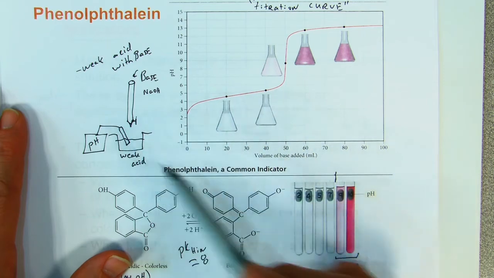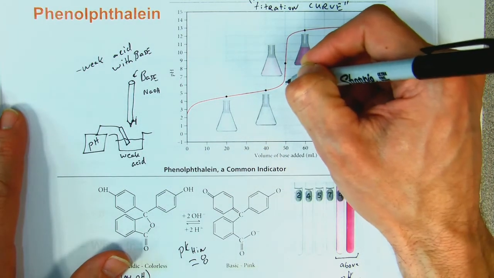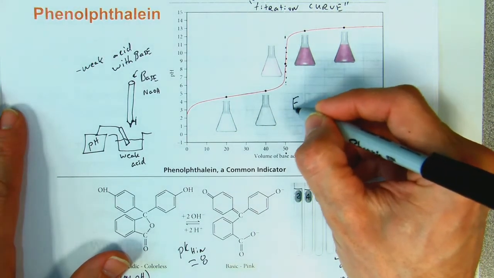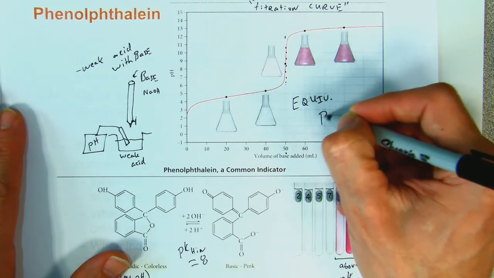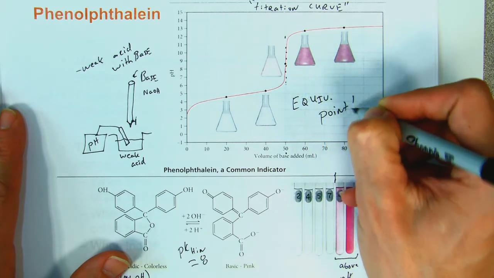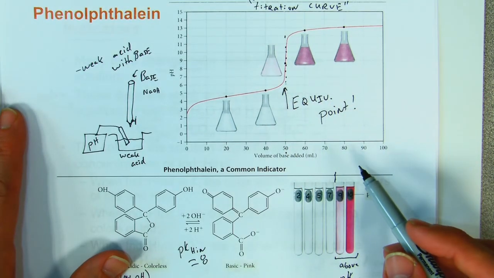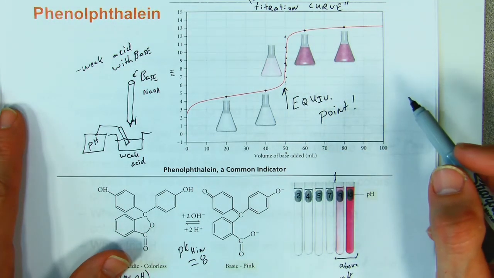And eventually, I add enough base that I get to this very, very steep portion of the curve, right at 50 milliliters in this case. And that steep portion is my equivalence point. The steepest portion always coincides with the equivalence point.